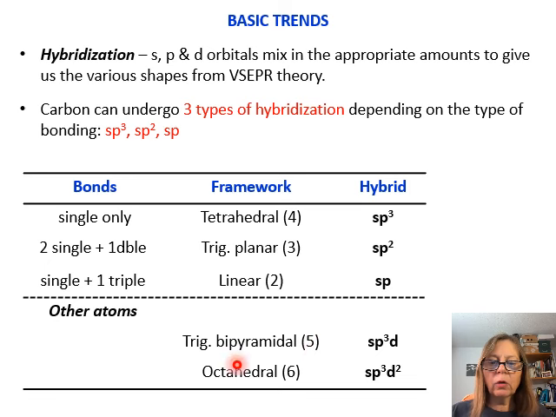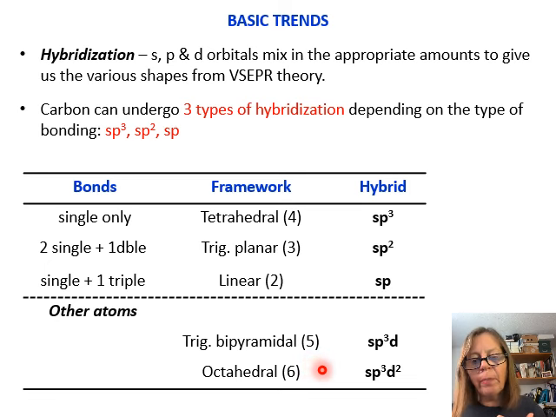So a trigonal bipyramidal geometry will involve a total of 5 orbitals, adding 1 d orbital to the s and 3 p orbitals, so the hybridization will be sp3d. An octahedral geometry, with 1 more d orbital than above, will be using a hybridization state sp3d2.